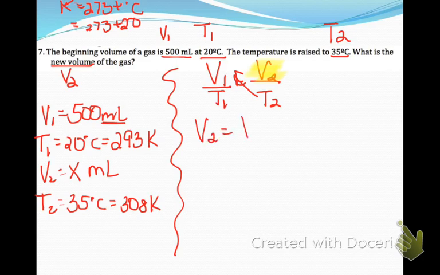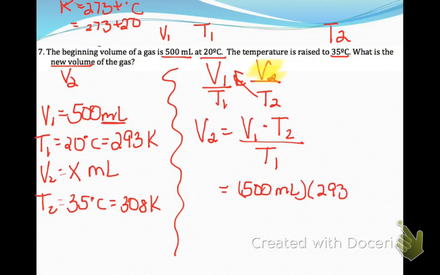So V2 is equal to V1 times T2 over T1. My first volume was 500 milliliters. I'm going to keep my units in here because units, again, are super important here in chem. 293 Kelvin, and my T1 is 308 Kelvin.